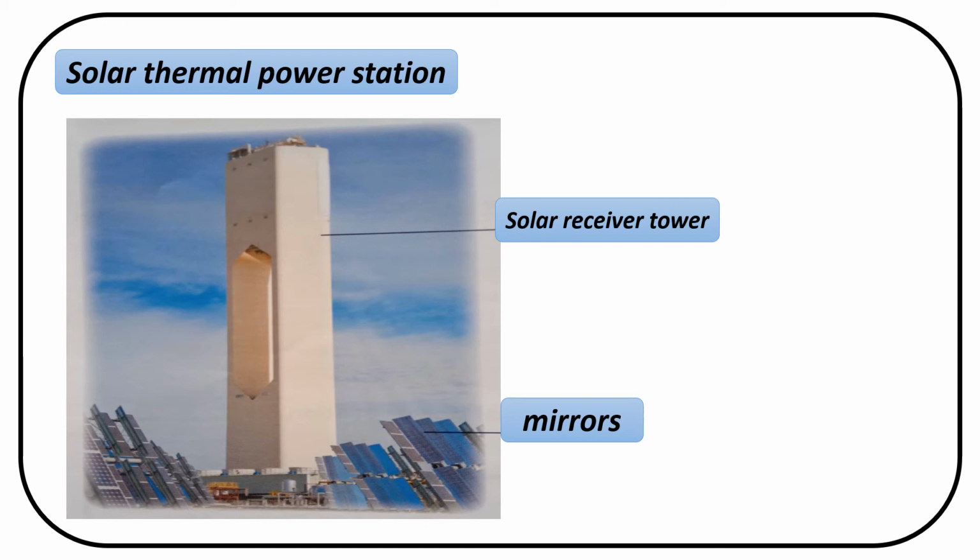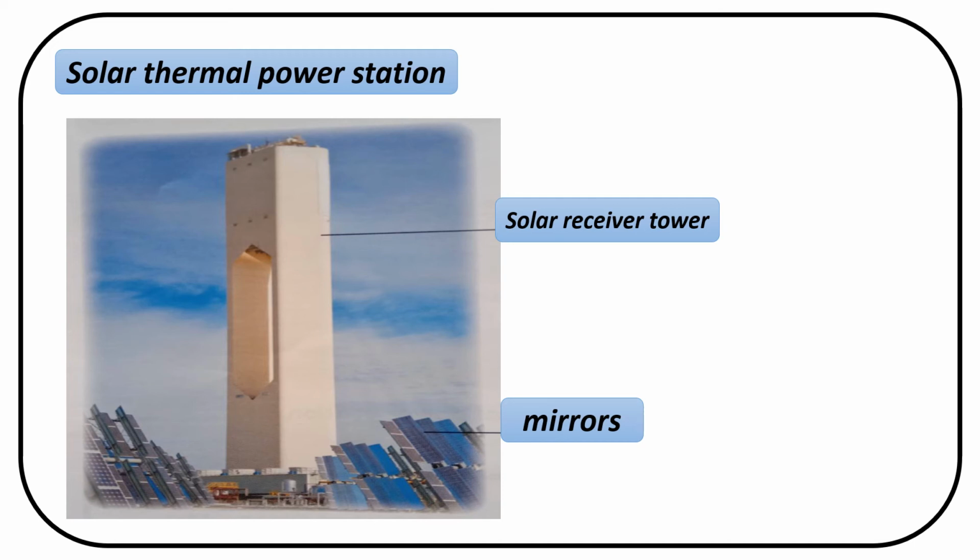Do you understand? At first, the sunlight energy is reflected to the solar receiver tower by mirrors. Then that energy is converted into heat energy. The heat energy is used to heat water.